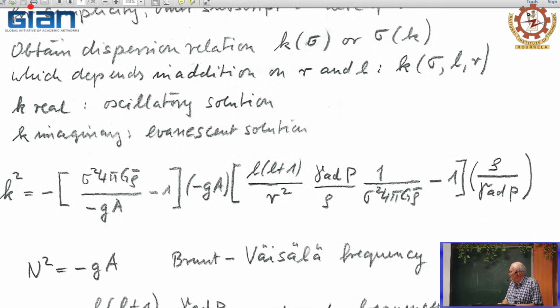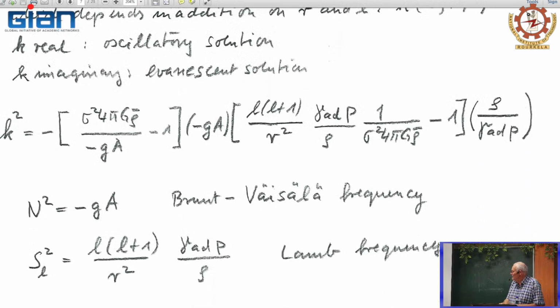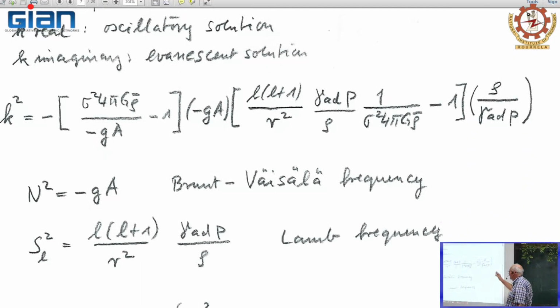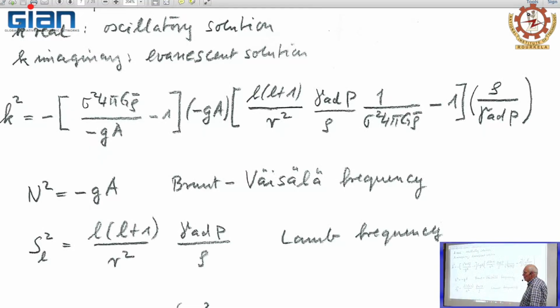It's just a little bit of algebra, and we are left with this form for the local dispersion relation for non-radial adiabatic perturbations.